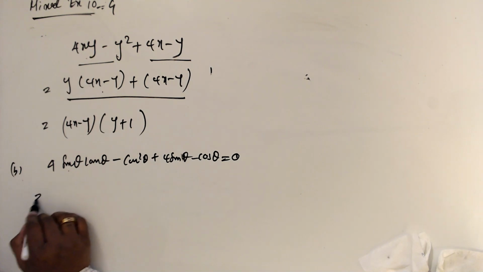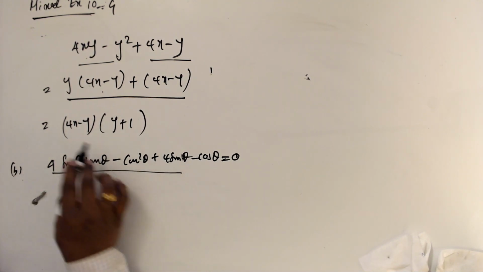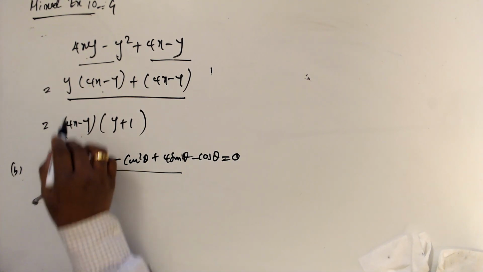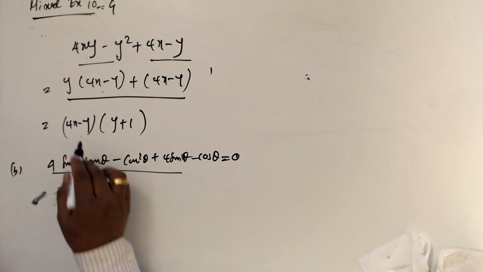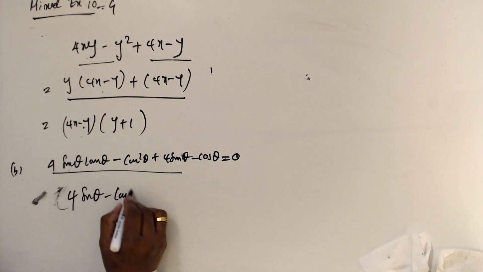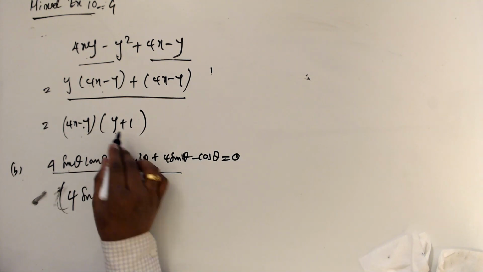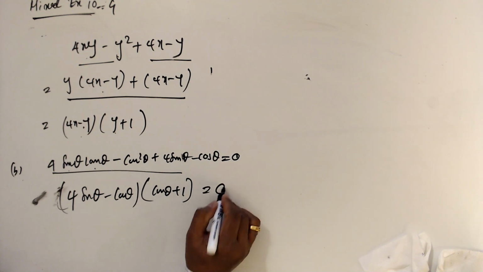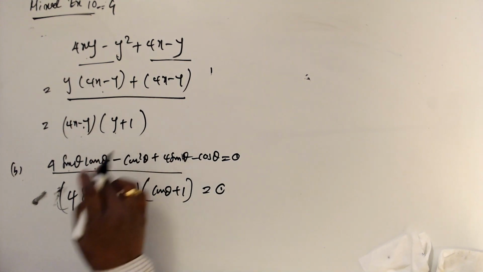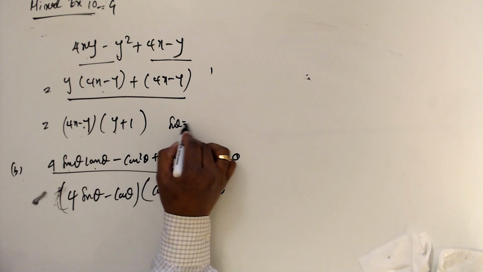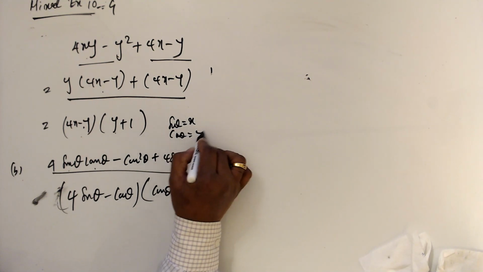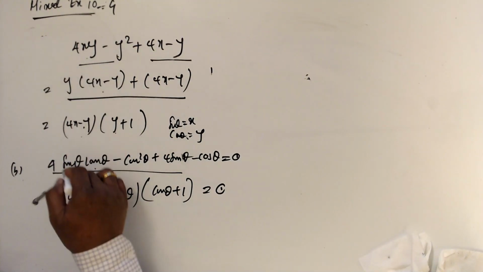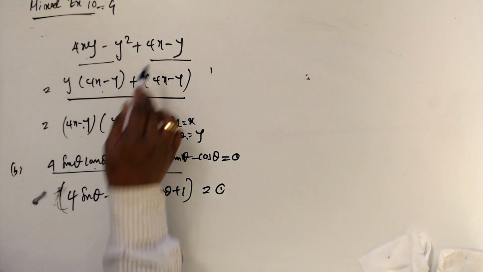So the factorizing can be written this way: 4x minus y, times y plus 1, where x is sine theta and y is cos theta. So y plus 1 is cos theta plus 1 equals 0.